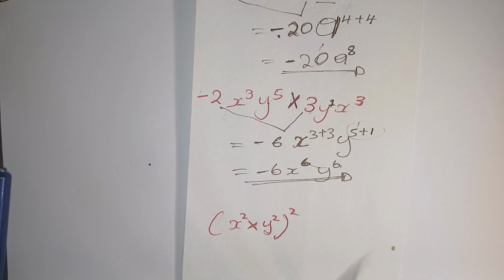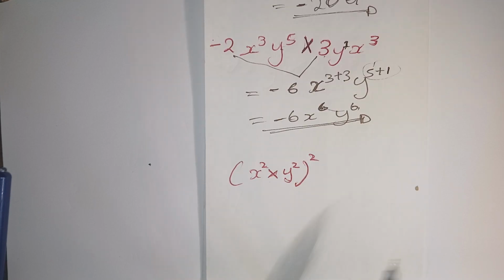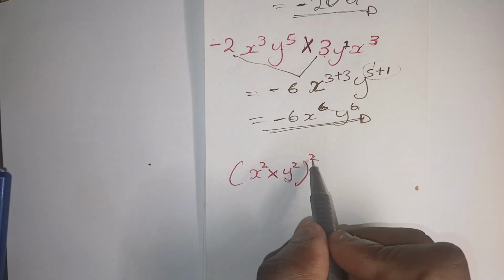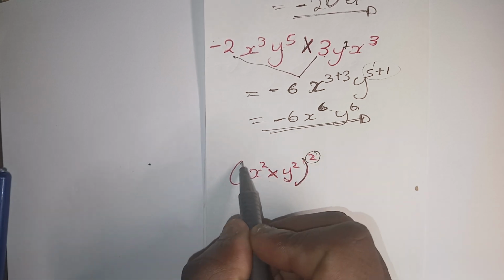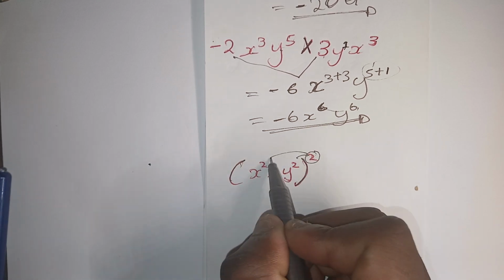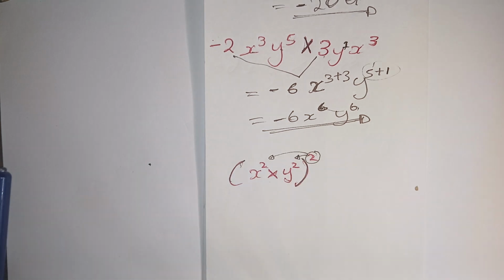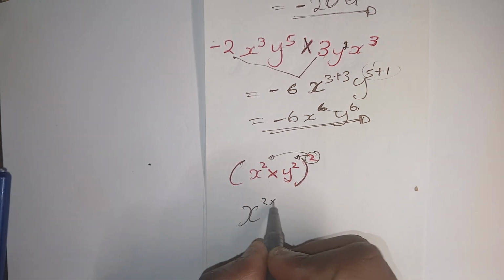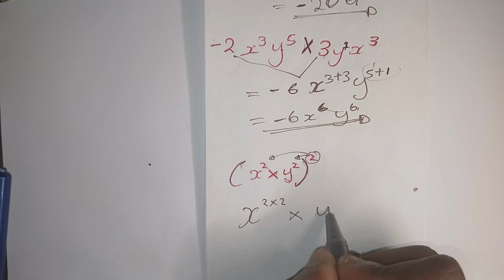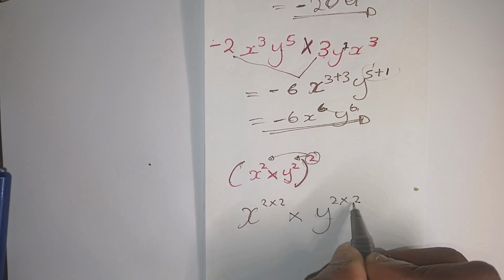Check this one. For this one, you can tell that the exponent outside the bracket will multiply each exponent inside the bracket. So this thing will be x to the exponent 2 multiplied by 2 and y to the exponent 2 multiplied by 2.